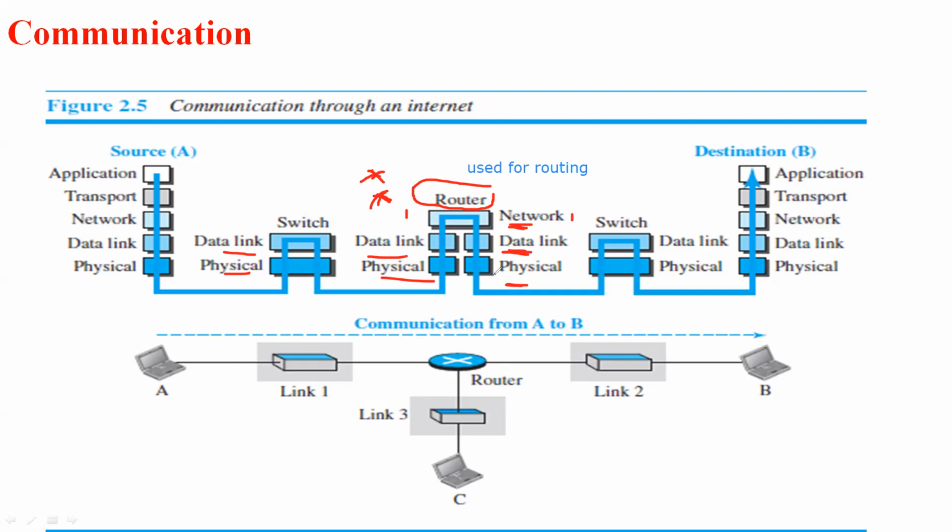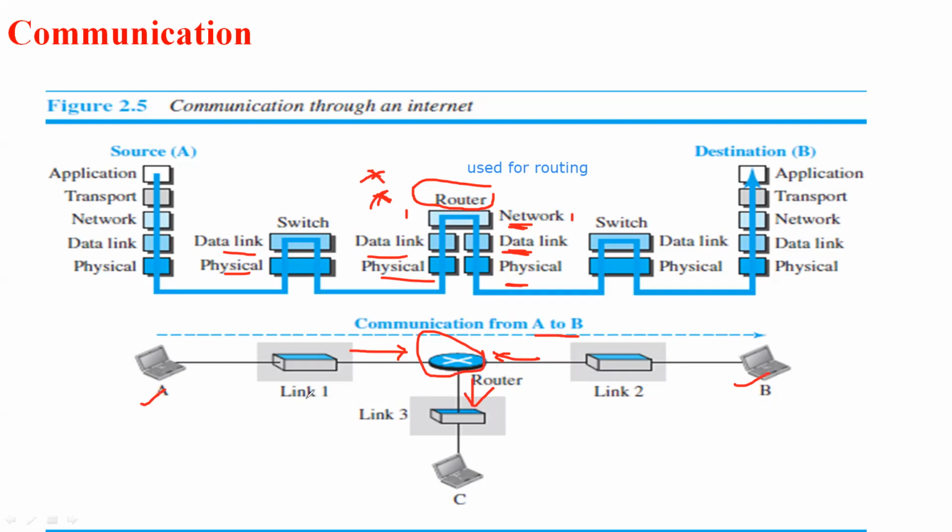So let's take an example. The router is involved with three different links. When the communication is taken between A and B, this router is involved with three different links: link 1, link 2 and link 3. But the message sent from the source host to the destination involves only one link, or two links.